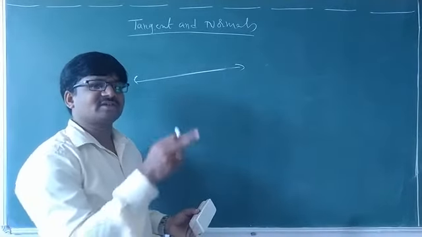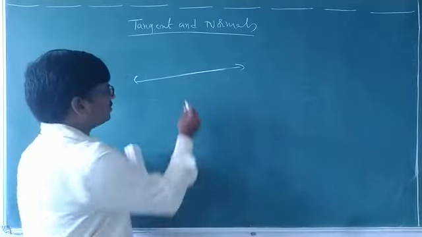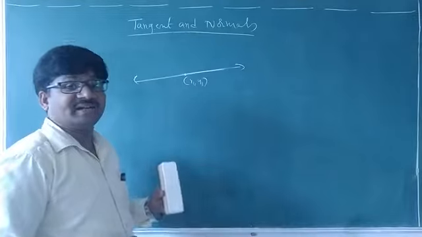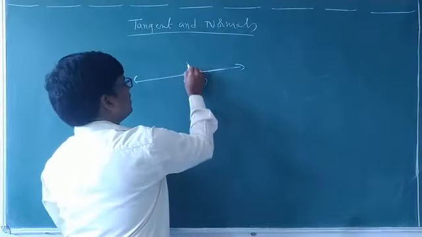To find the equation of a straight line, what do we compulsorily need? One point on the line we require, and the slope of the line also.